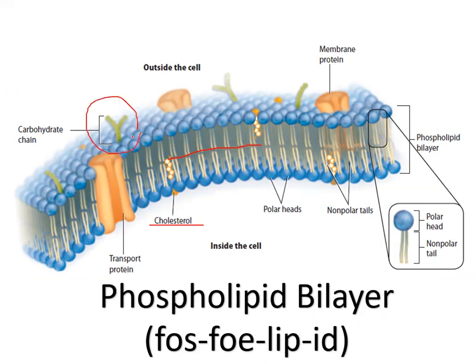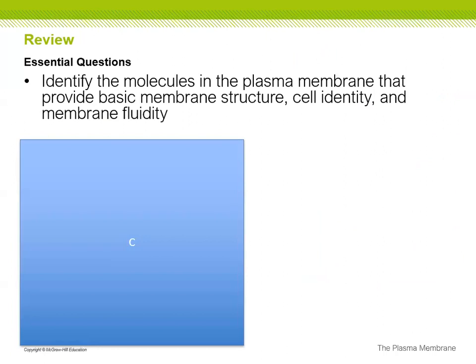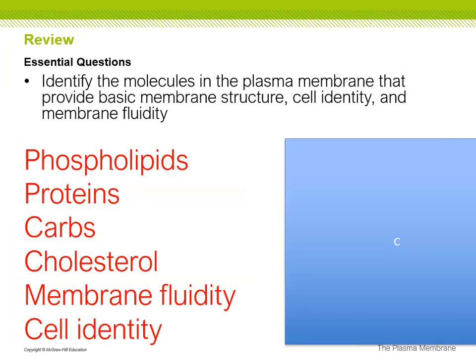We see a carbohydrate. We see proteins. We see these fats, phospholipid bilayers. So it's all of those things: the phospholipids, the proteins, the carbs, the cholesterols. It's the membrane fluidity, the fact that it's almost like an ocean. It's very flexible. That way it prevents itself from breaking. It's able to bend with pressures.